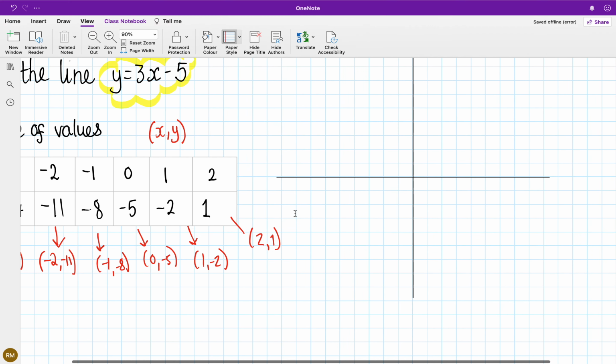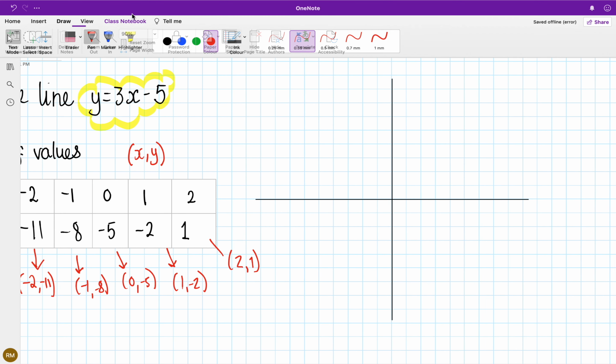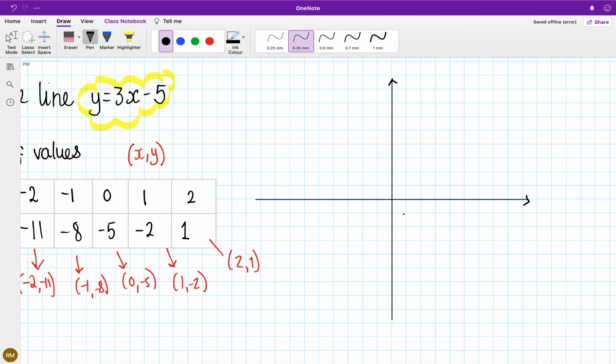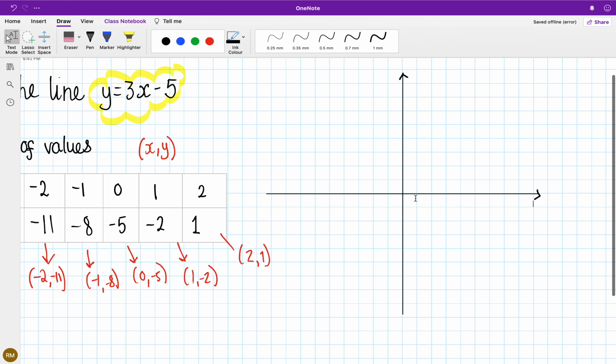Now usually your graph will have been labelled. I'm going to take each square as 1, so it's going to be 1, 2, 3, etc. And then also in the negative direction, -1, -2, -3.